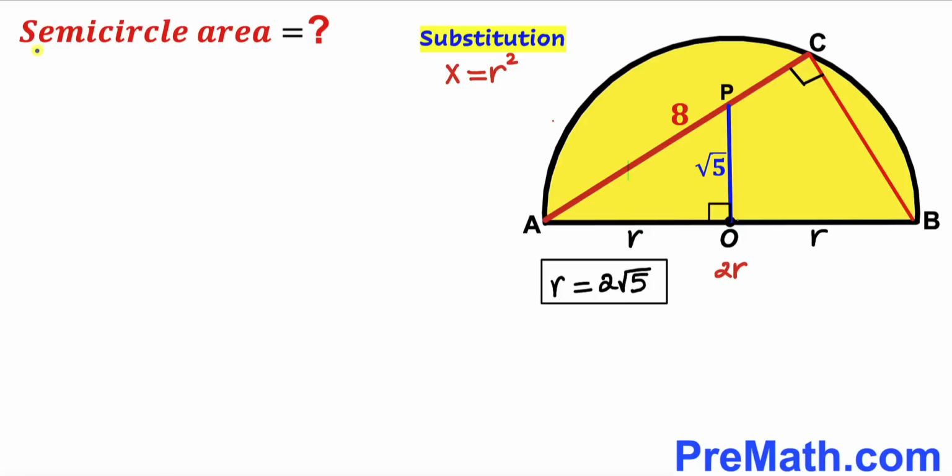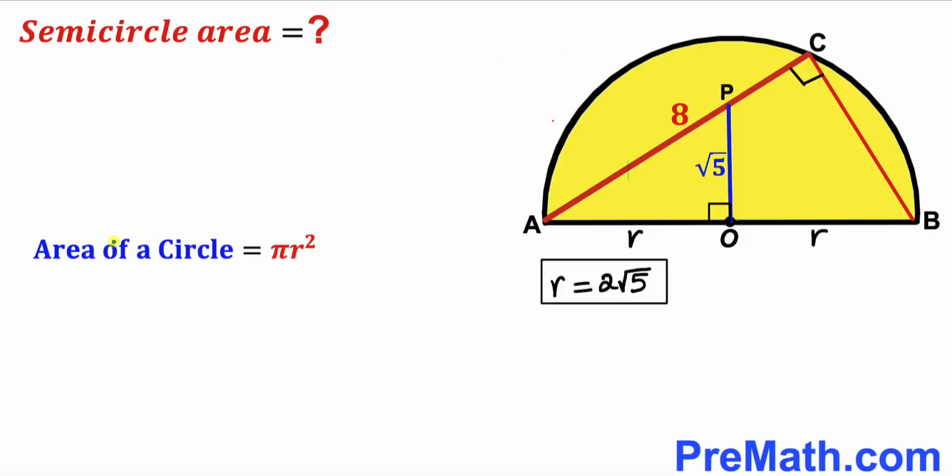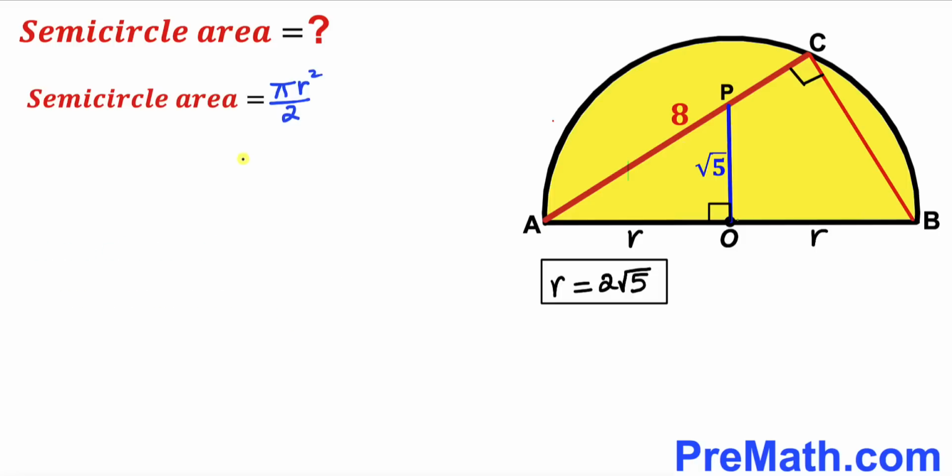And here's our final step. Let's calculate the area of this yellow semicircle. Let's recall the area of a circle formula: area equal to πr². So the area of the semicircle is going to be πr² divided by 2. Let's fill in the blanks in this formula.